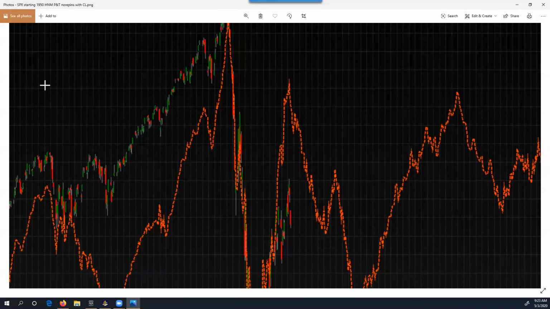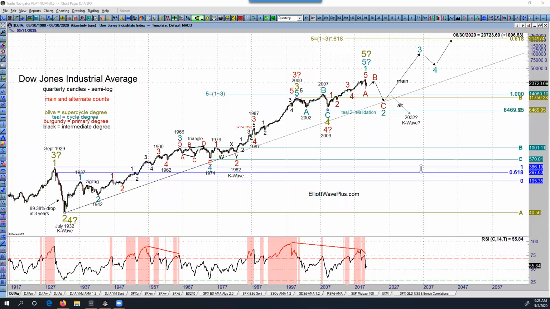So that, I think, is a fascinating roadmap that we'll look at moving forward. Let's start counting the waves. My main count is that the 5 waves up in the stock market from the 2009 low is complete, and we've started into a multi-year bear market.